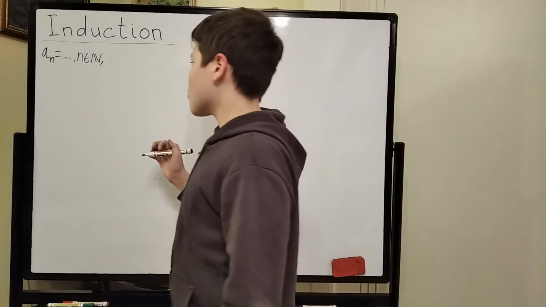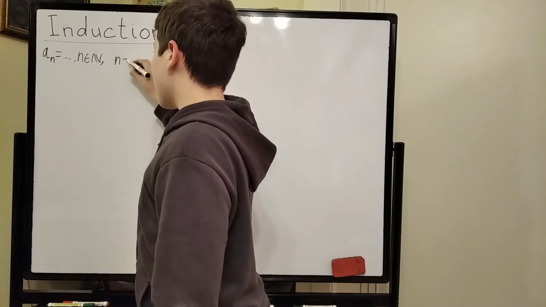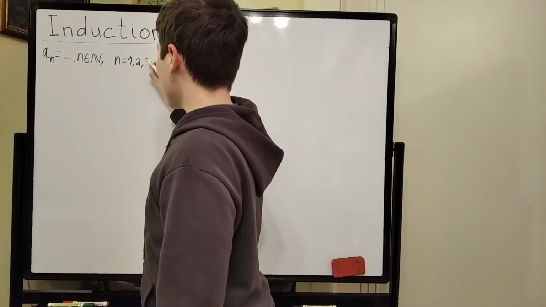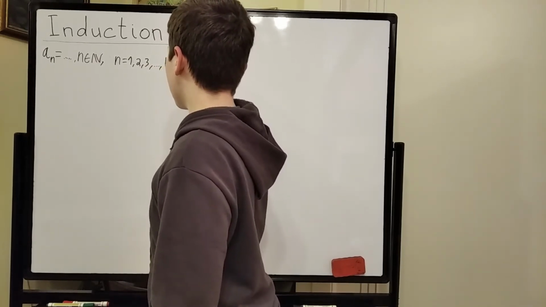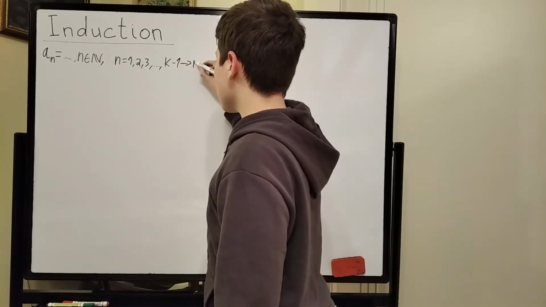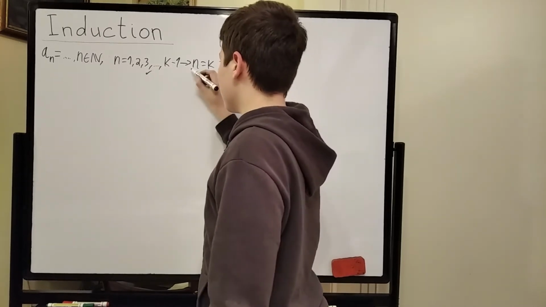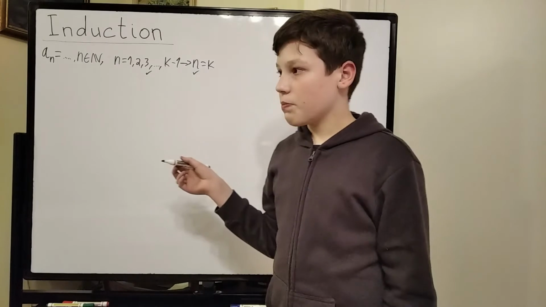But in strong induction, you assume that it works for n equal to 1, 2, 3, and all the way on until k minus 1, and show that that implies that it's true for n equal to k. And we'll get to the base cases in just a minute.